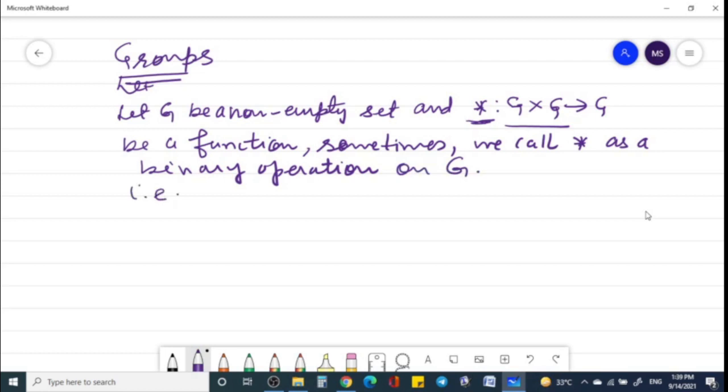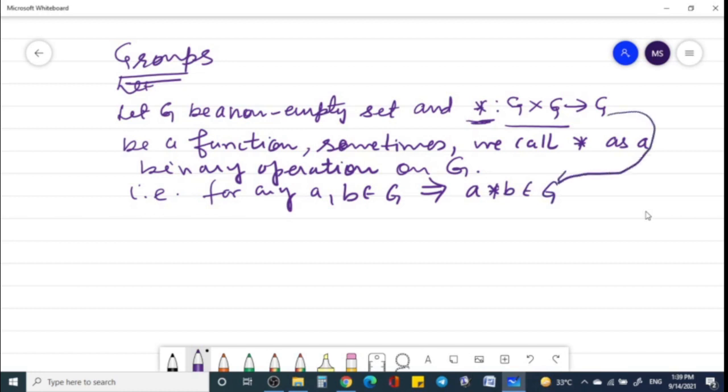It straightforwardly implies that for any a, b belongs to G implies that a star b belongs to G, because star is a function, and if you take any two elements a, b, then there must be a unique element of G, and that unique element is denoted by a star b.